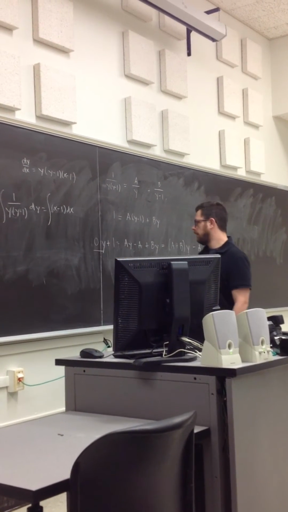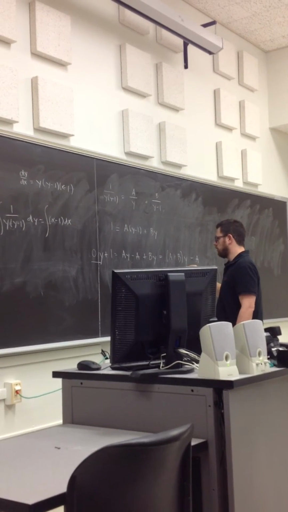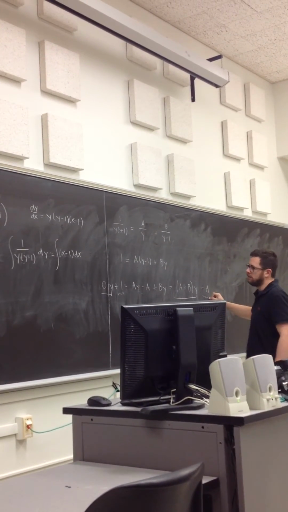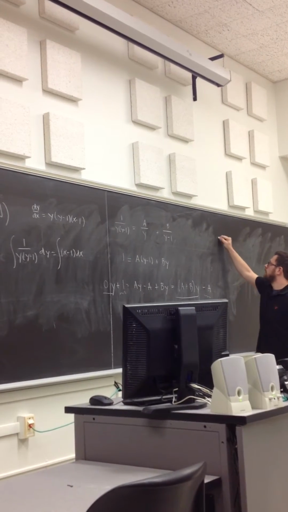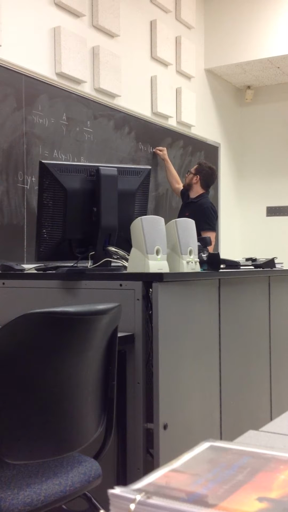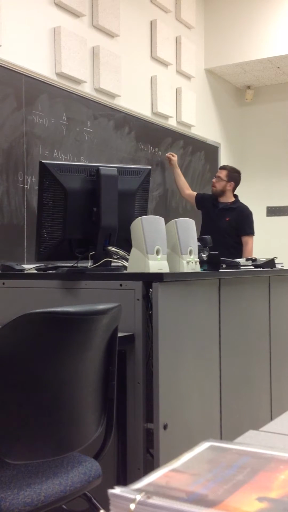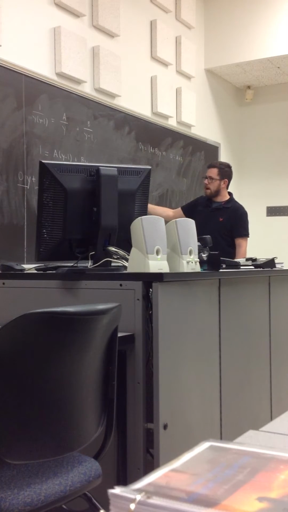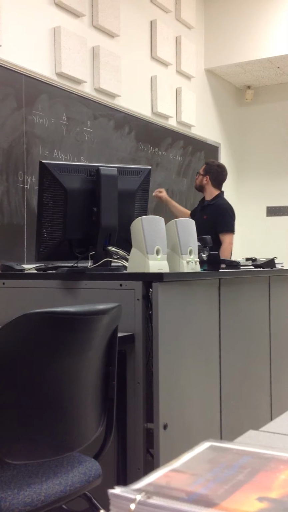This linear term has to match this linear term, and this constant has to match this constant. So what's the conclusion? 0 times y is equal to a plus b times y for every single y. In other words, 0 is equal to a plus b, and then minus a is equal to 1.